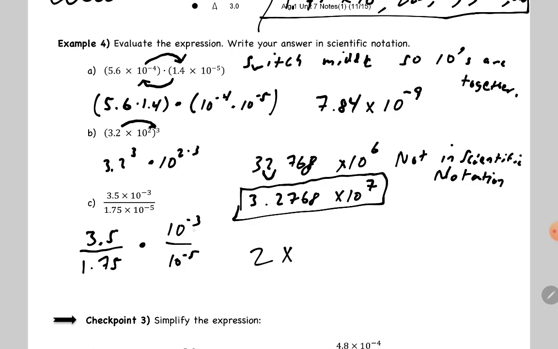And 10 to the negative 3 divided by 10 to the negative 5 is 10 to the negative 3 minus negative 5. So when we divide exponents, we subtract. Negative 3 minus negative 5 is negative 3 plus 5. So this is 2 times 10 to the 2.